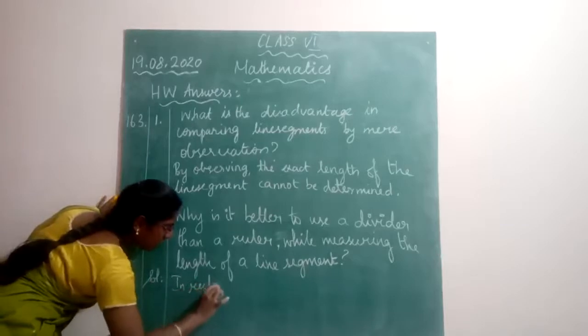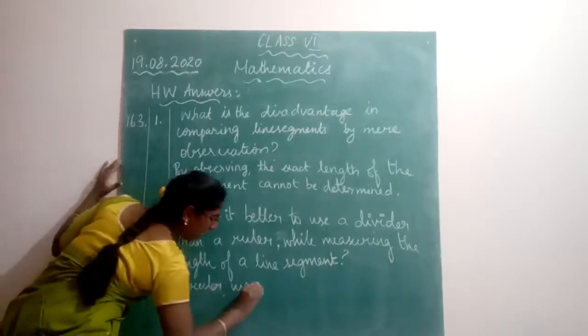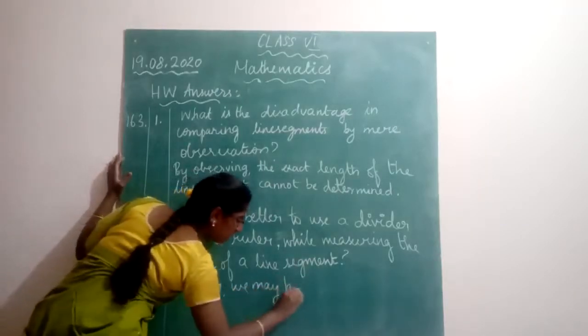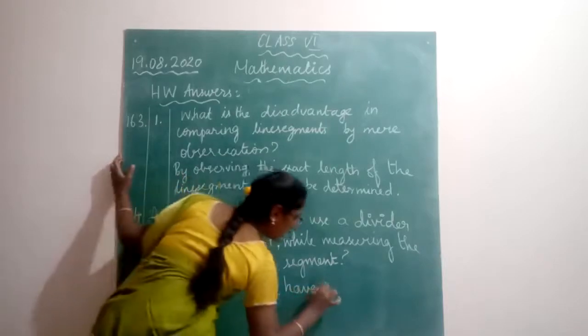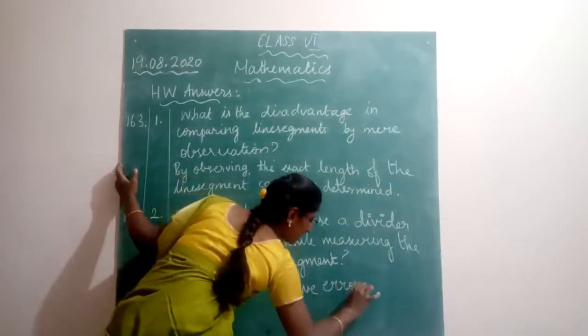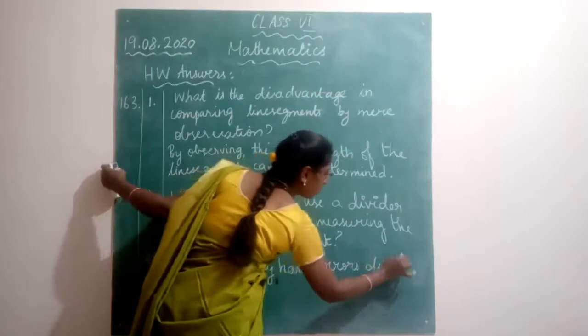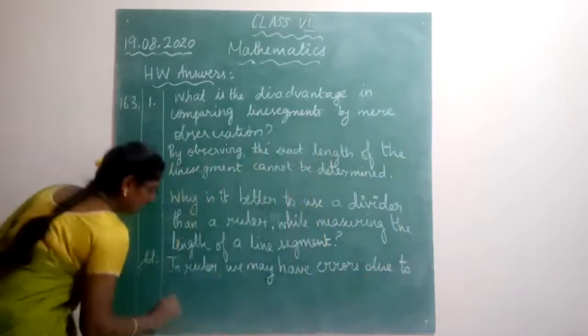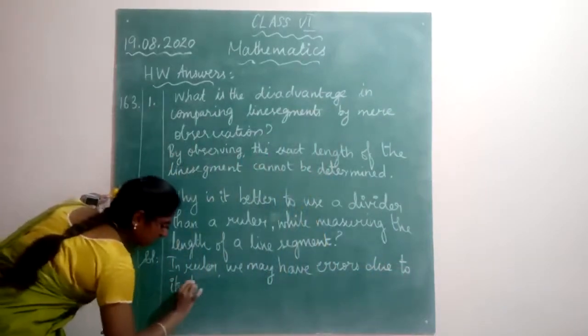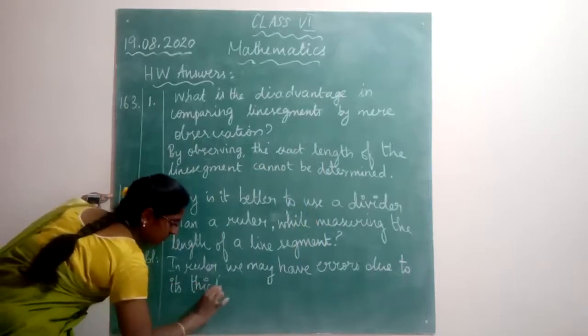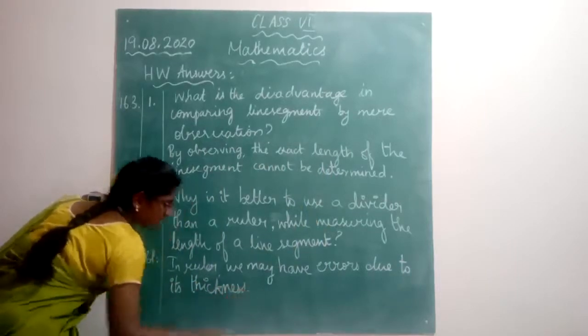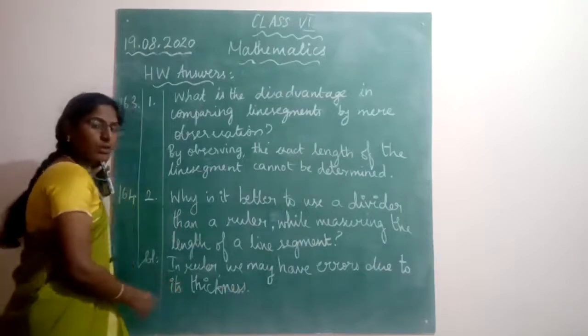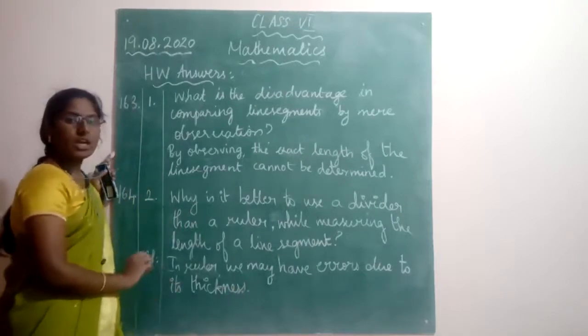in ruler we may have errors due to its thickness, but we can avoid this when we measure the line segment using divider.